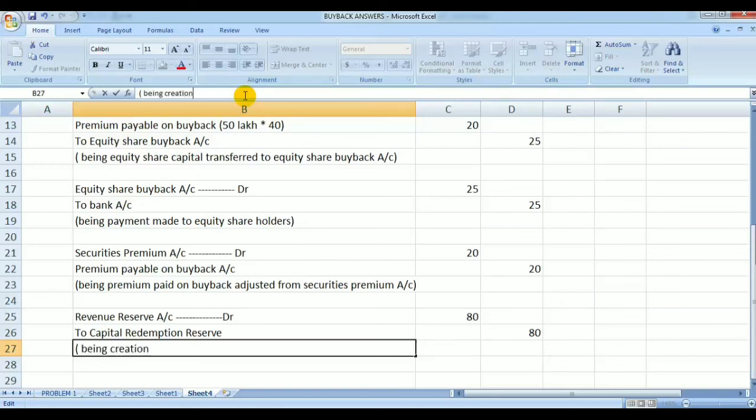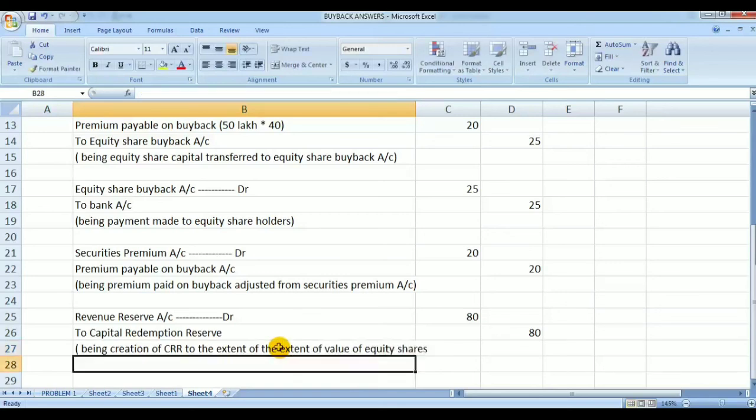Being creation of CRR, capital redemption reserve, to the extent of value of equity shares and preference shares bought back.